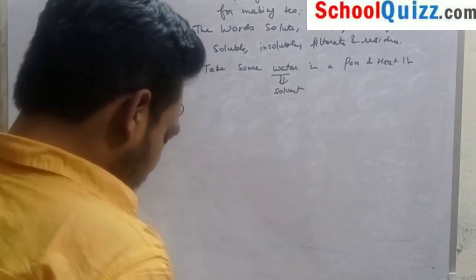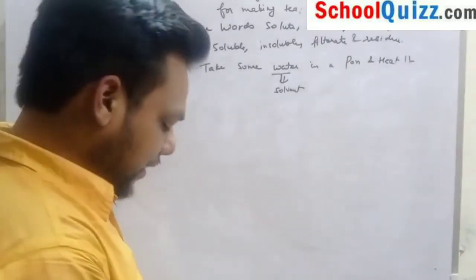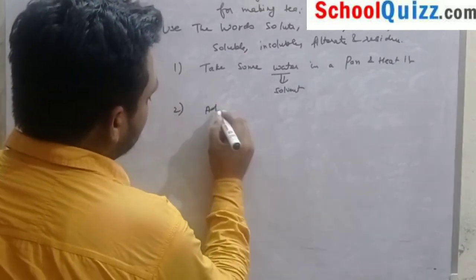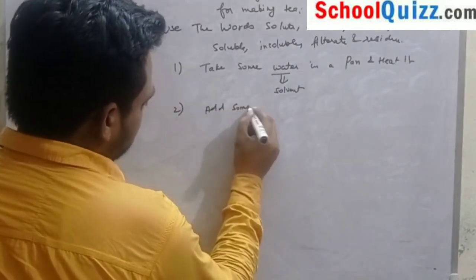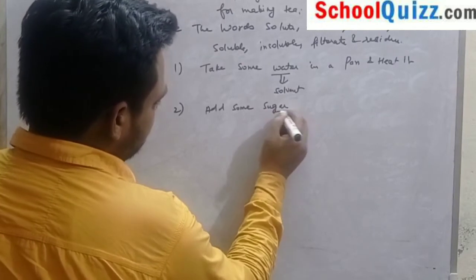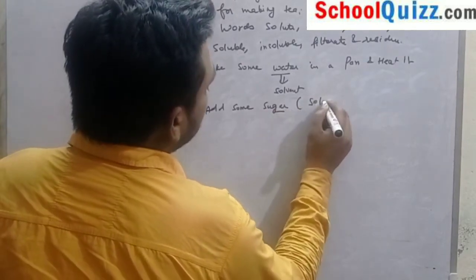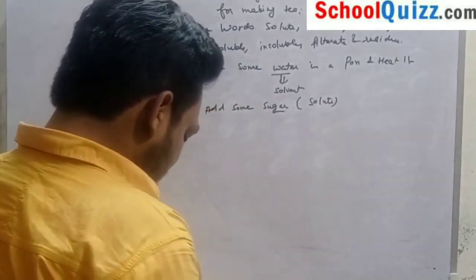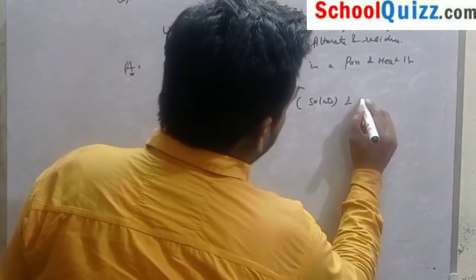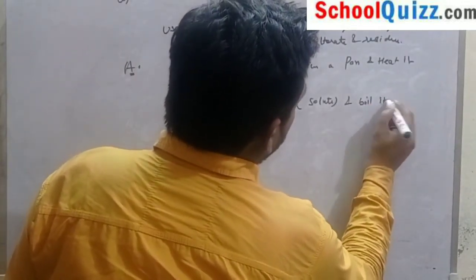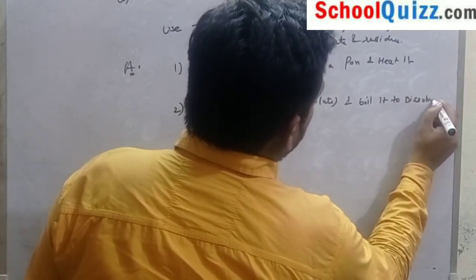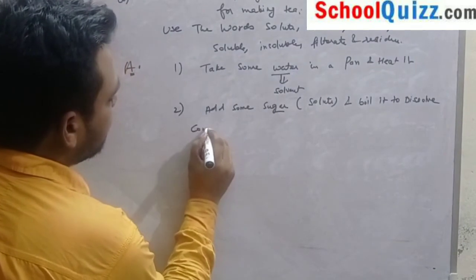Second one is, add some sugar and boil it. Sugar will act as a solute. Boil it to dissolve completely.